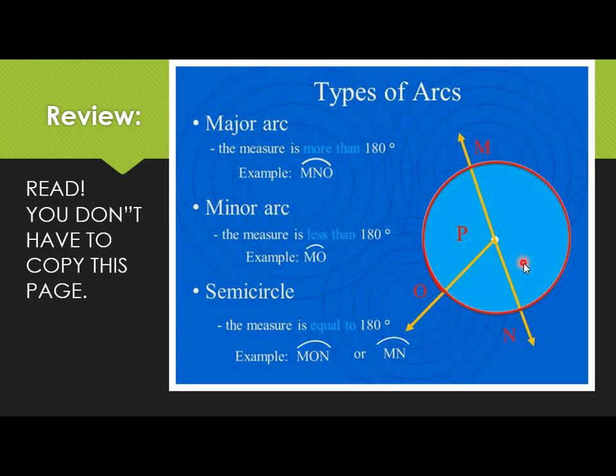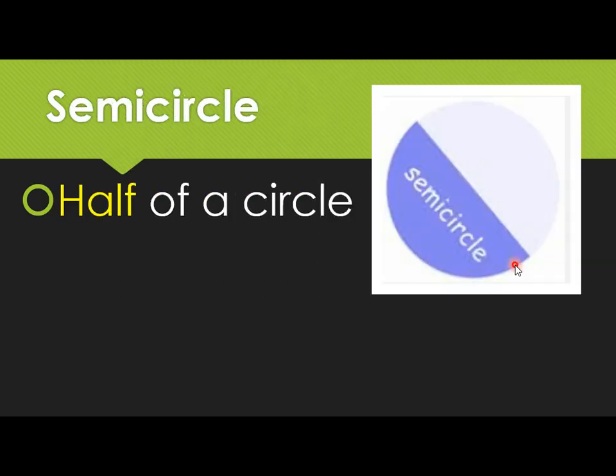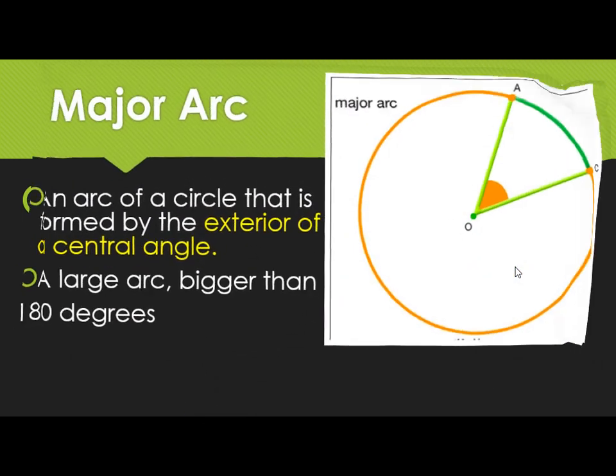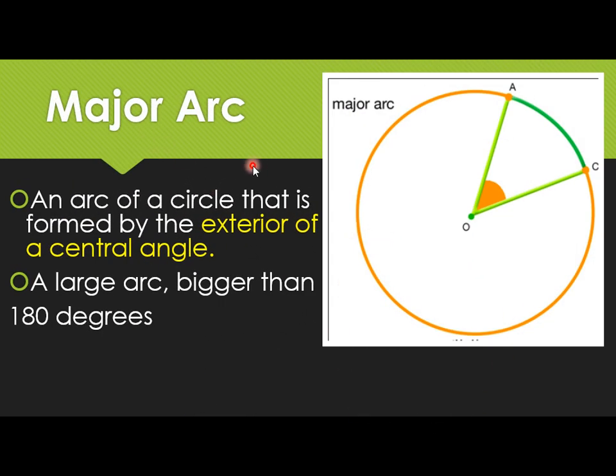You do not have to write this down, but let's go over it. Okay, the way we name a major arc, if you want to write this down by the major arc, is you are going to use 3 letters to name it. So in this picture, I don't have enough to name it. So let's put a letter B right here where I am.